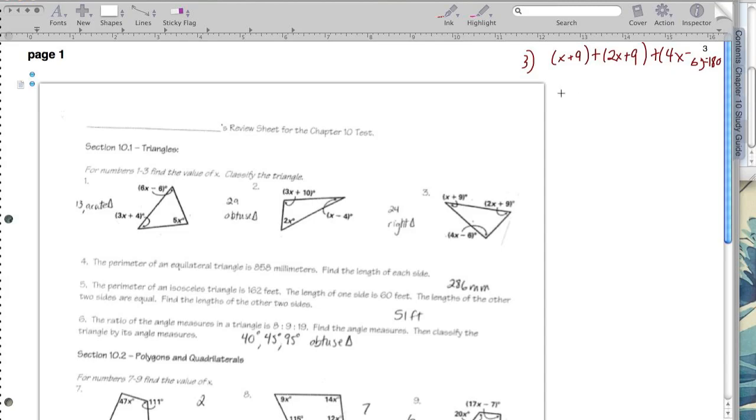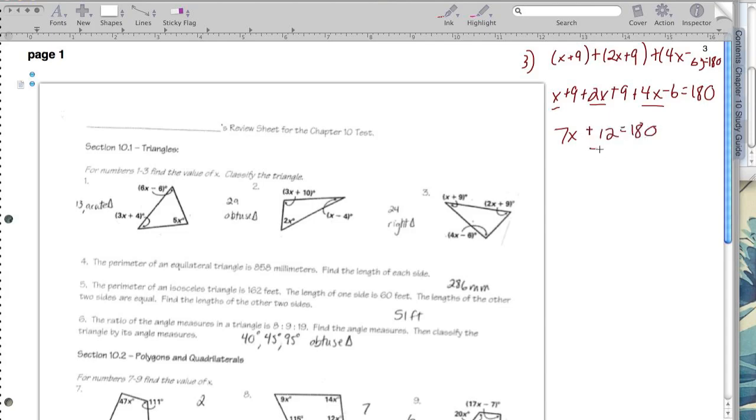My parentheses here again don't mean anything, so if I want to rewrite it to make it less cluttered, I can. The reason I know that they don't mean anything is because there's no like terms inside the parentheses that need combined, and there's no numbers right outside that I can distribute in. X, 2x, and 4x are all like terms. That's going to give me 7x, and I have a 9 and a negative 6. So that's 18 minus 6 is going to give me 12, positive.